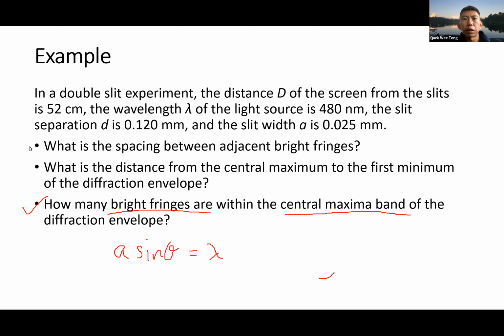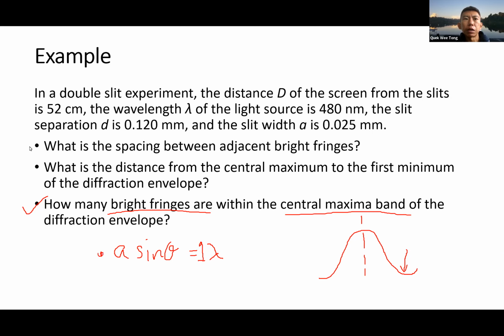So we are talking about this one. We want to find the location of this first minima. So we use A sin theta equals n lambda. A sin theta equals lambda, where n is 1 because we are talking about the first minima.